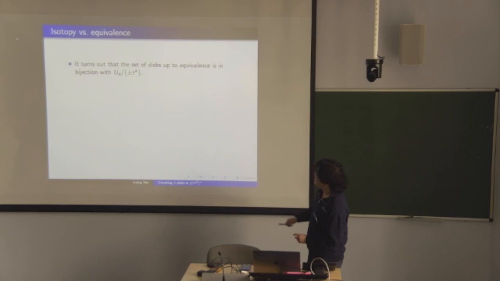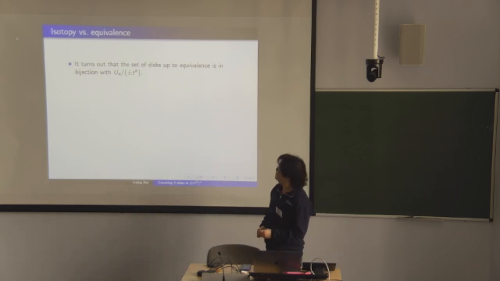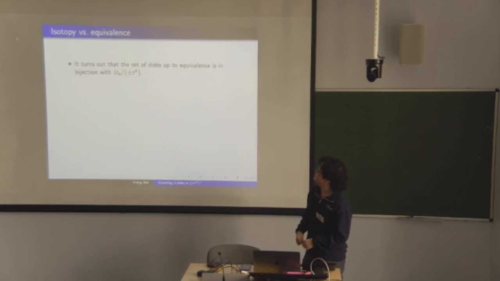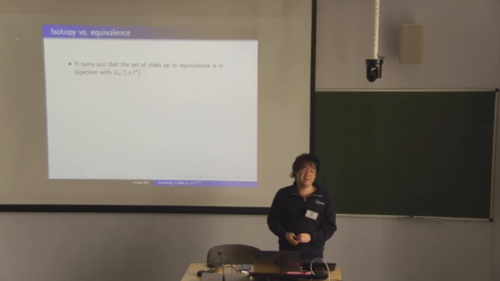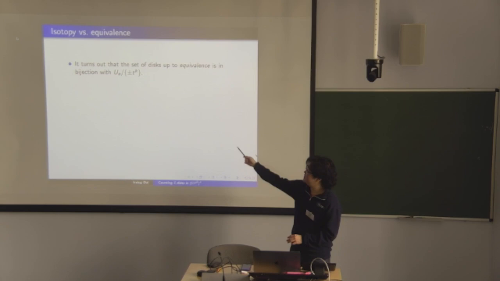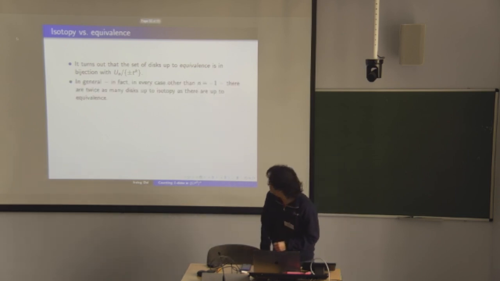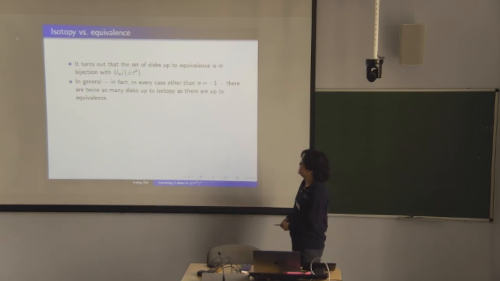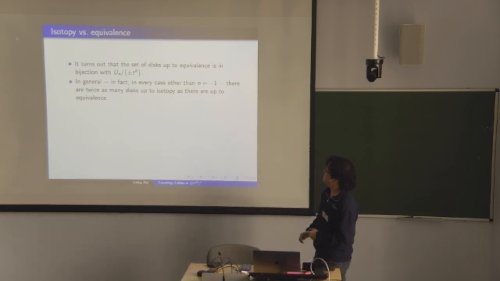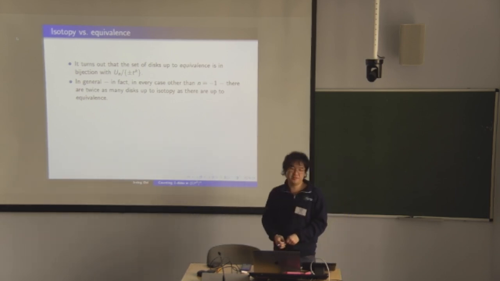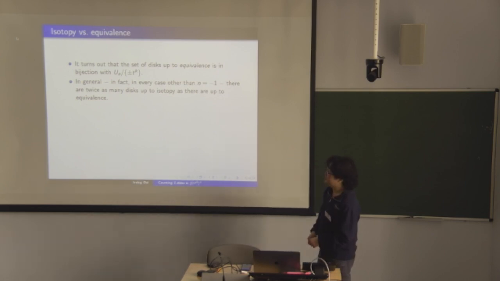And it turns out that if I want to enumerate the set of disks up to equivalence rel boundary, that is in fact in bijection with this slightly different quotient object here, U_n modulo plus minus t to the k, instead of just modulo t to the k. What that basically tells you is that generically there are twice as many disks up to isotopy as there are up to equivalence.